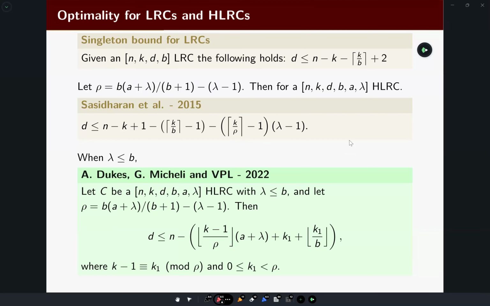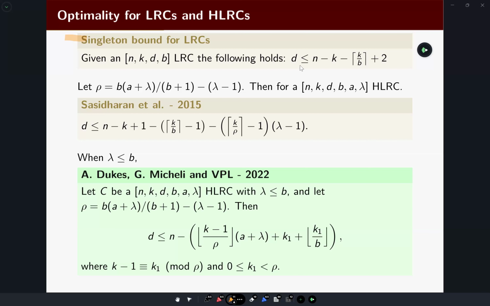So in the literature, there is the Singleton bound, which gives you the best possible trade-off for a linear code, right? Now, there are generalizations to locally recoverable codes that I put here. This just says we cannot have parameters that are much better; they still need to satisfy this inequality.